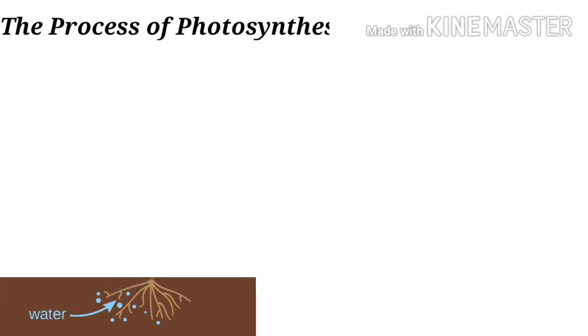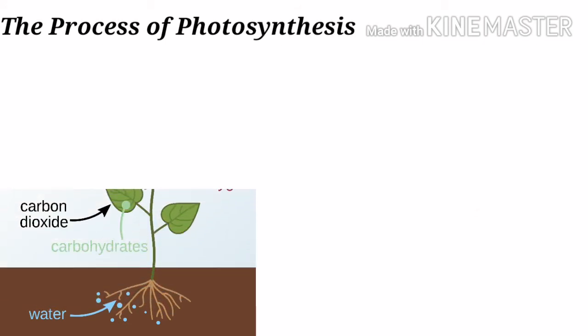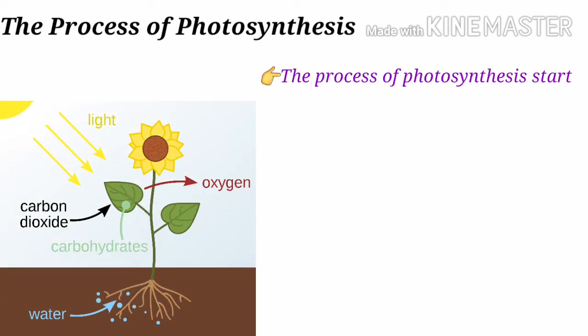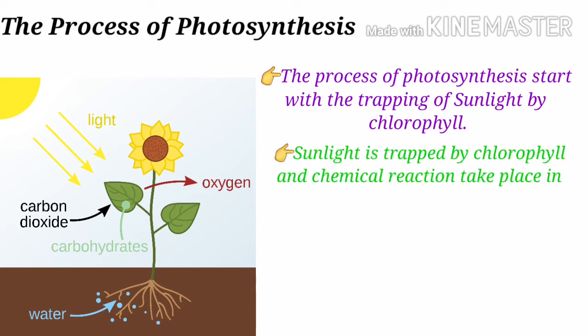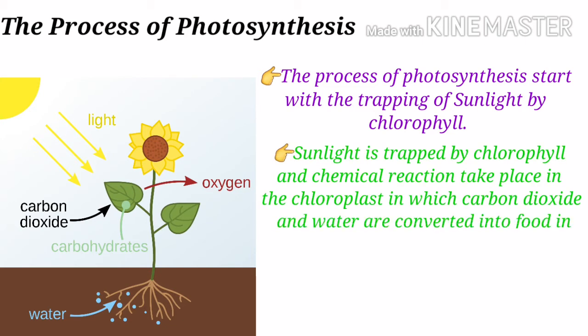The process of photosynthesis. The process of photosynthesis starts with the trapping of sunlight by chlorophyll. Sunlight is trapped by chlorophyll and a chemical reaction takes place in the chloroplast in which carbon dioxide and water are converted into food in the form of glucose.